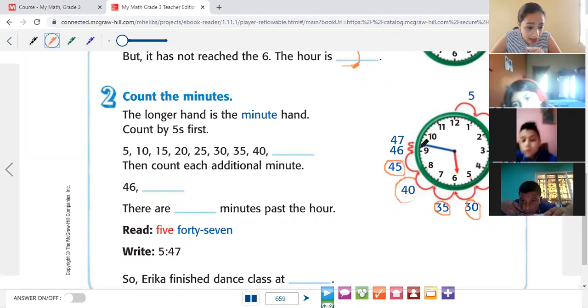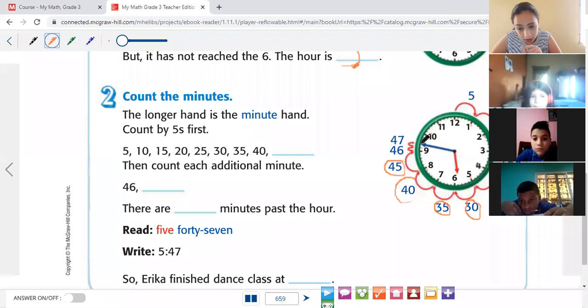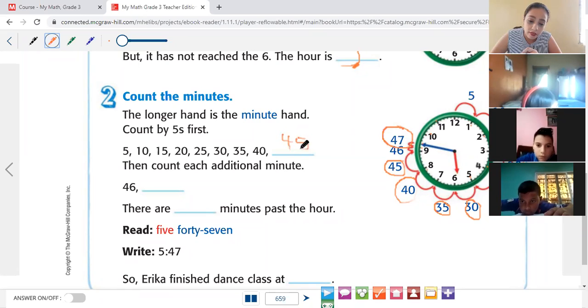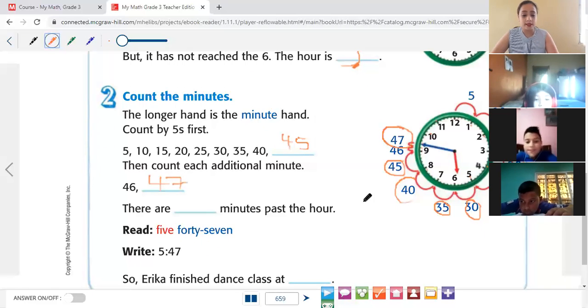The first line will be 46 minutes. The second little line, 47. So that means that 47 minutes have passed. First, we're going to write here 45, and then we count each additional minute. We just did this, 46, and then we write 47, okay?